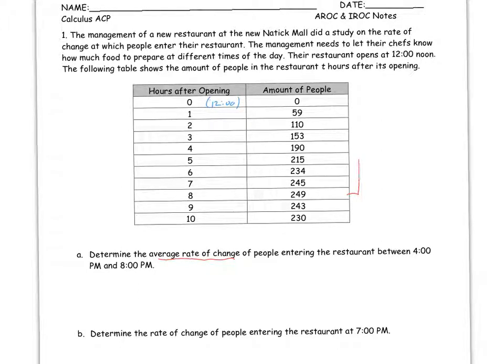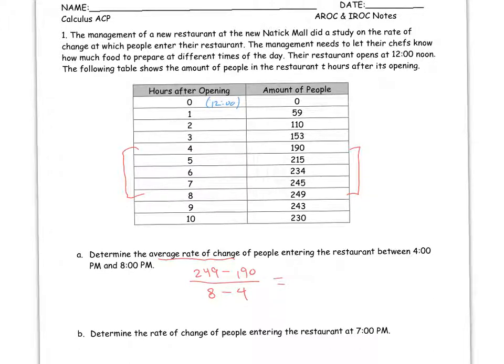So I'm finding the slope between these 2 points, 4, 190 and 8, 249. So the change in y would be 249 minus 190 divided by the change in time, which is 8 minus 4.